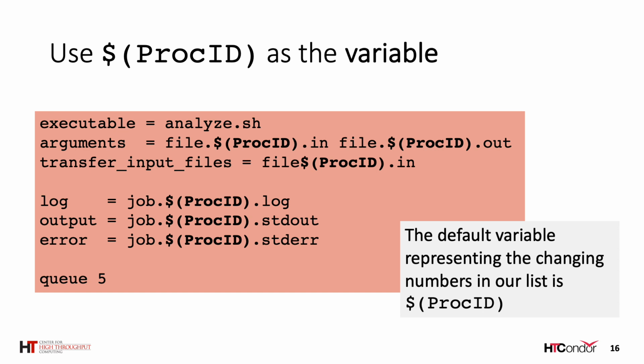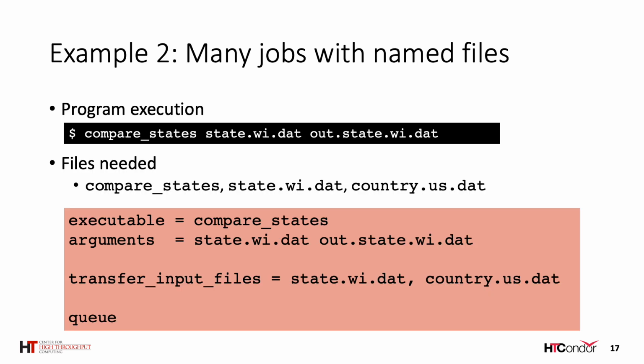Now, you may have a situation where your inputs are not integers, but they're named. So we're going to look at a second example where we have named, not numbered, input files. We've put together this theoretical program, compare states, that analyzes data from a particular state in the US.